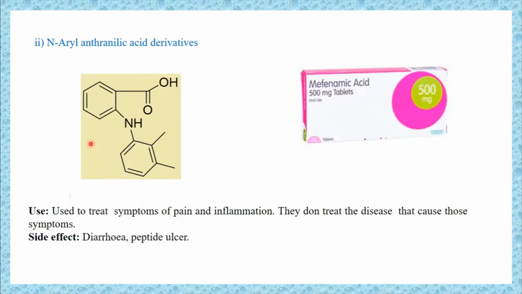Mefenamic acid is used to treat the symptoms of pain and inflammation, but it does not treat the disease that causes those symptoms.